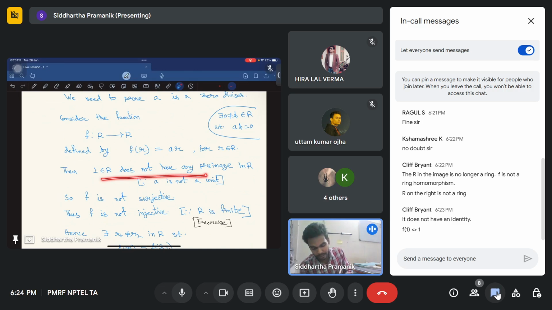So you cannot find an element r prime whose image is 1, because A is not a unit.